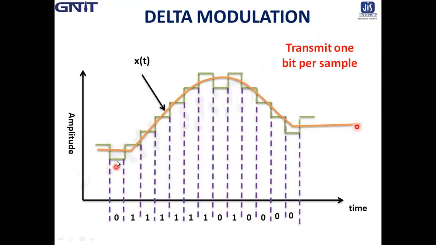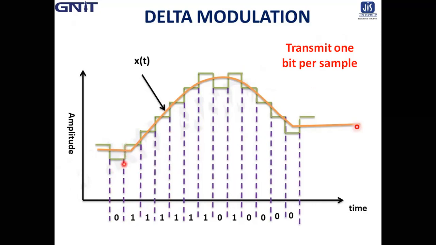If the present sample value is higher than the previous sample value, then binary 1 is transmitted, and if the present sample value is lower than the previous sample value, then binary 0 is transmitted.